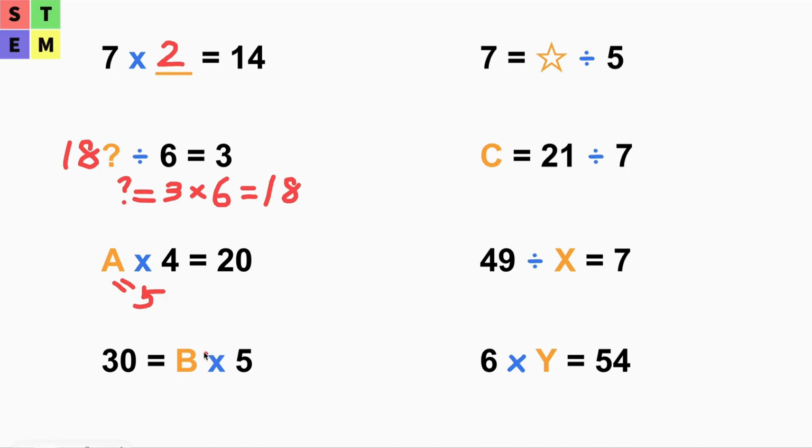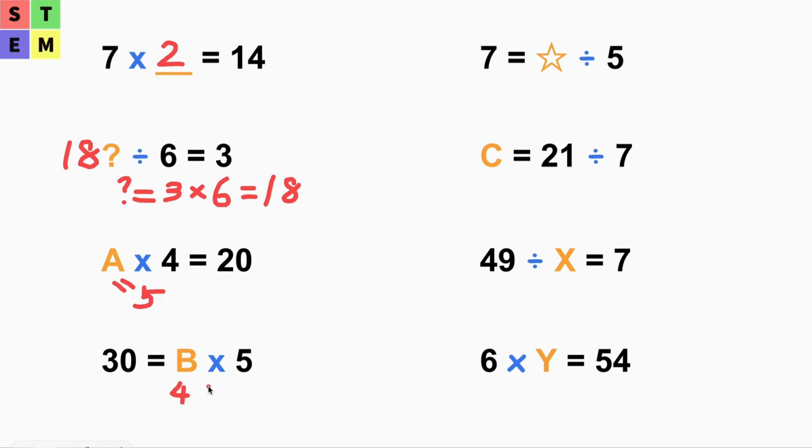All right, let's find out 30 equals something. B times 5. What should be the B here? Let's first try 4. 4 times 5 equals 20, which is not 30, so it's much smaller.